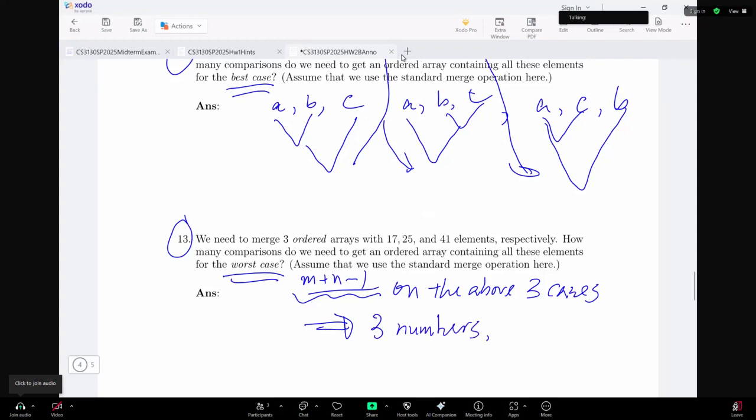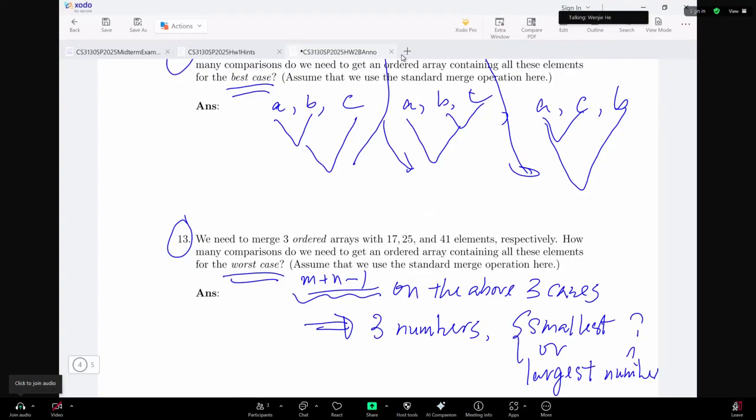The question is, do you select the smallest number or the largest number as your answer? Why largest?